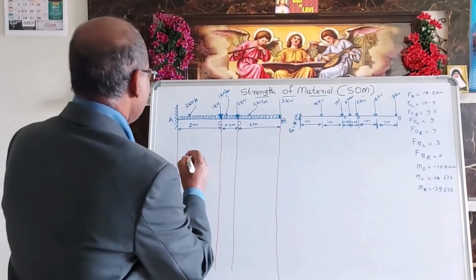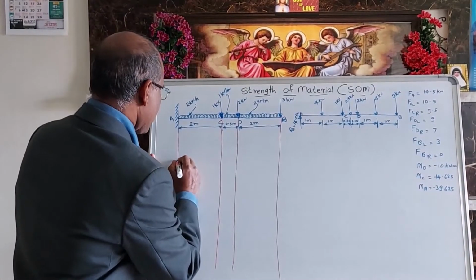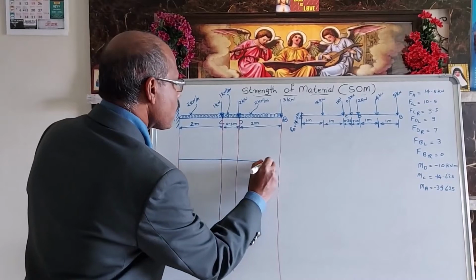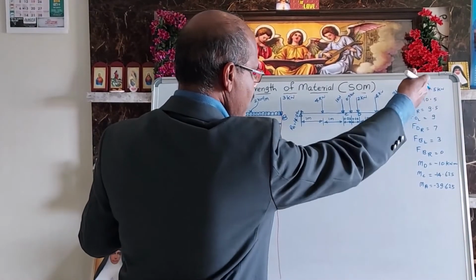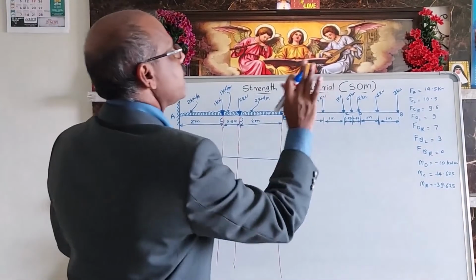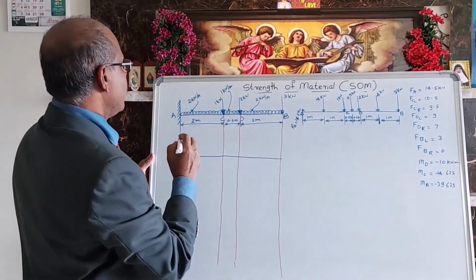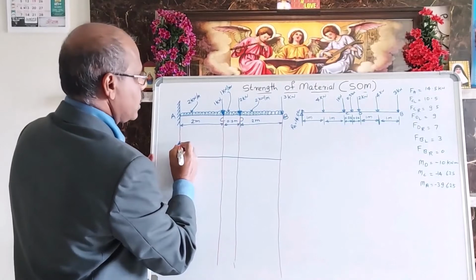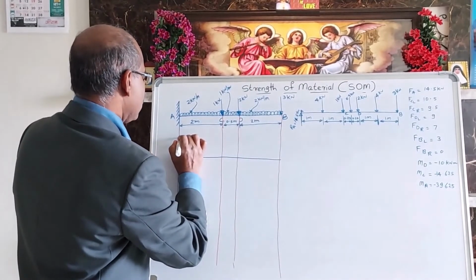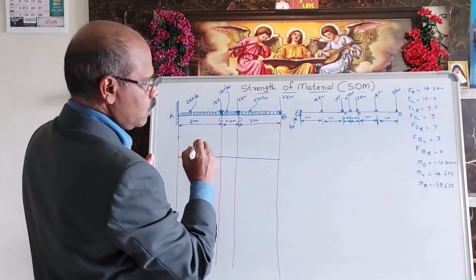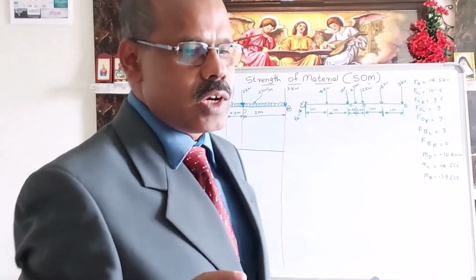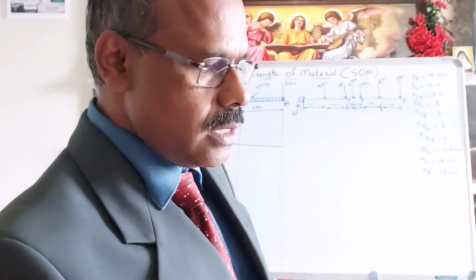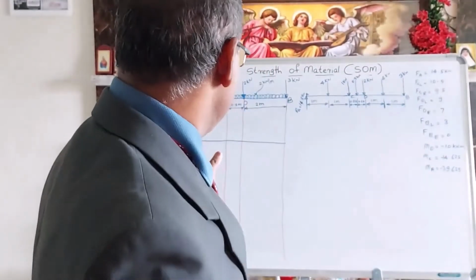Draw the baseline first. All the answers I have written over here. From there we can directly take FA is equal to 14.5. So FA is 14.5, it is already there.